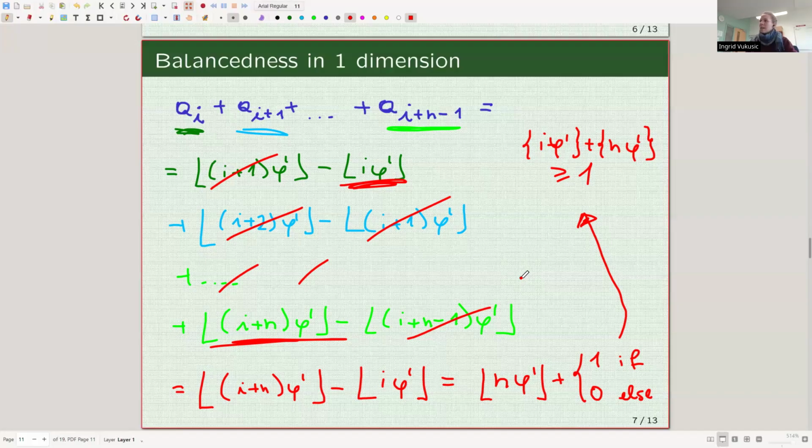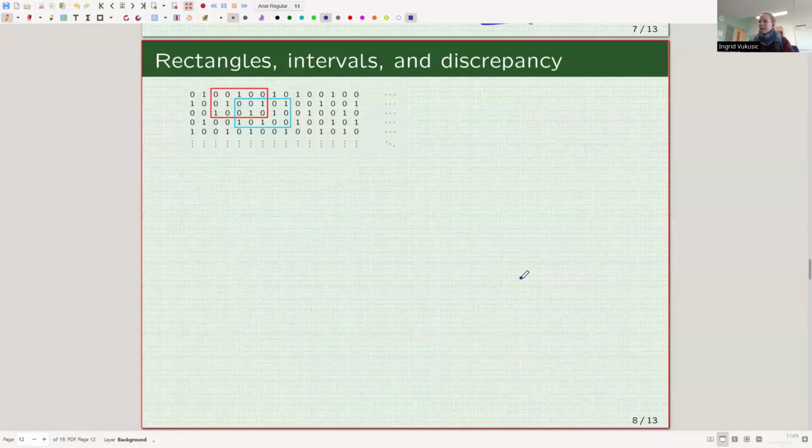And so what we see is that every block of length n has either this fixed weight floor of n phi prime, or the same but plus 1. And this is fine. We said that balance means two values. Okay, and now we can use this formula directly to compute the weight for the rectangles.